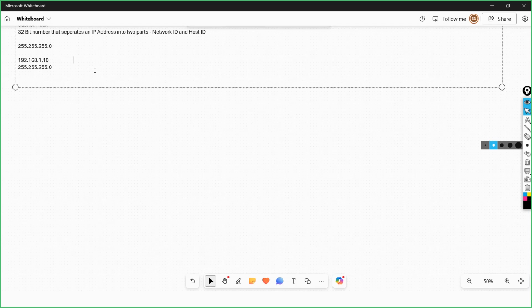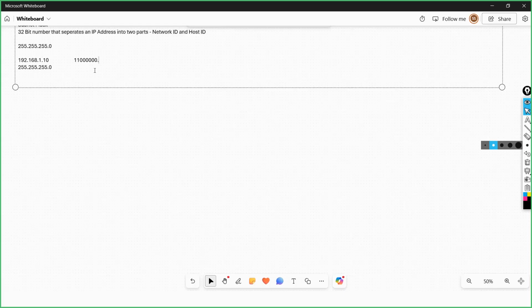Can anyone help me convert it to binary? When you write 192, I have explained how to convert this, right? It will be 11000000.